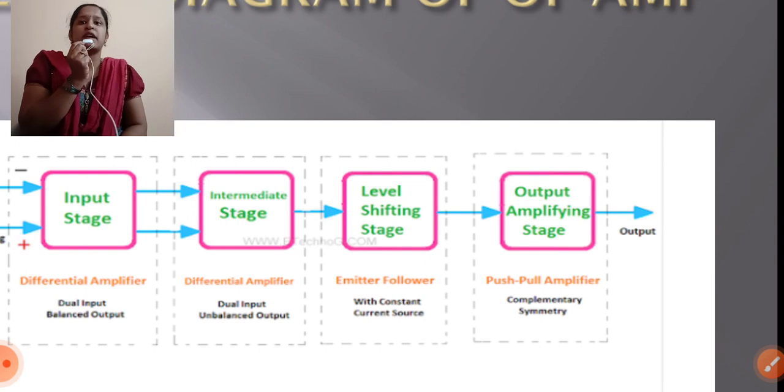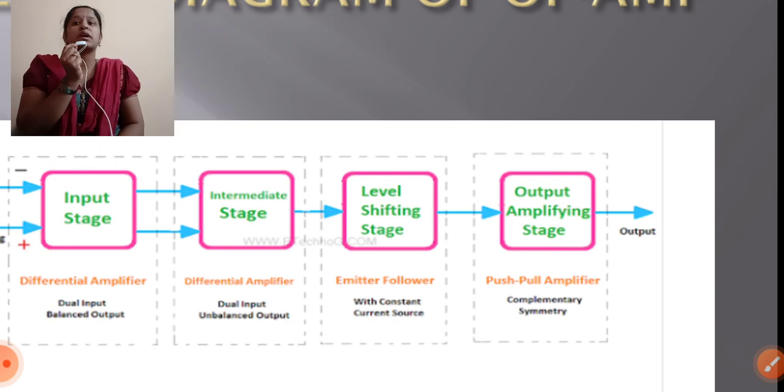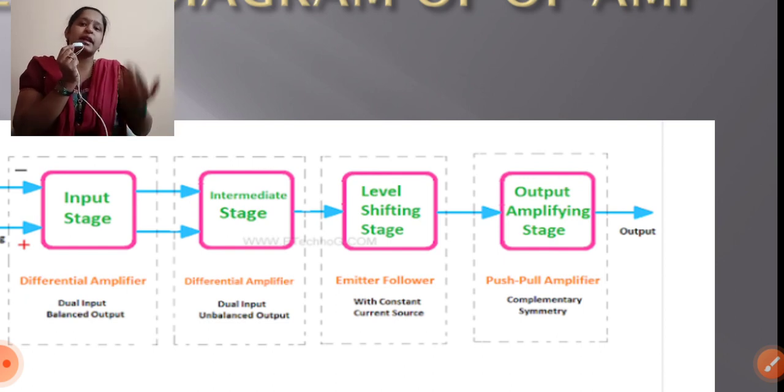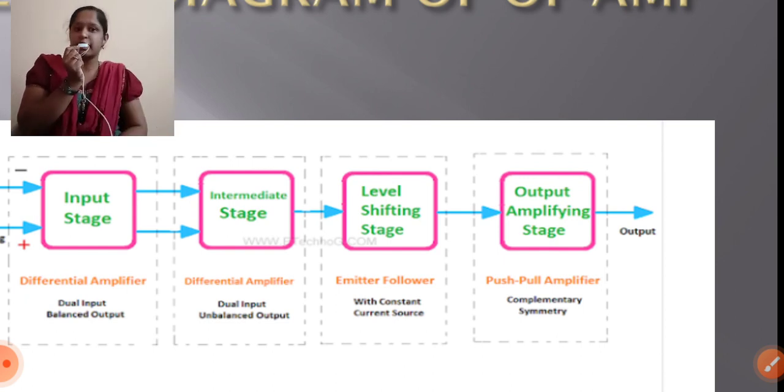This stage increases the output voltage swing and raises the current supplying capability of the op-amp. A well designed output stage also provides low output resistance. If the current is rising, the current will be high, and obviously the resistance value will be very low.